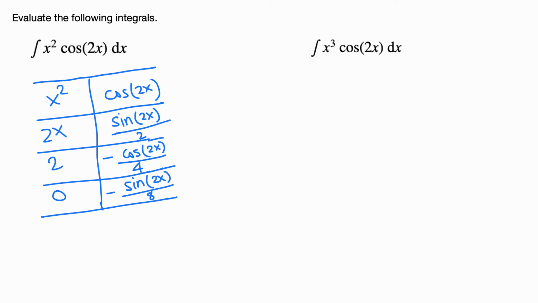By the tabular method we use the signs: u gets plus, then minus, plus, and nothing left. So we have the answer now.